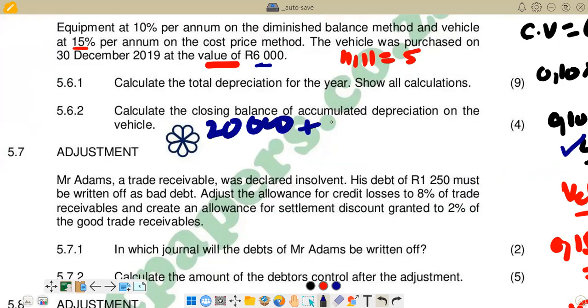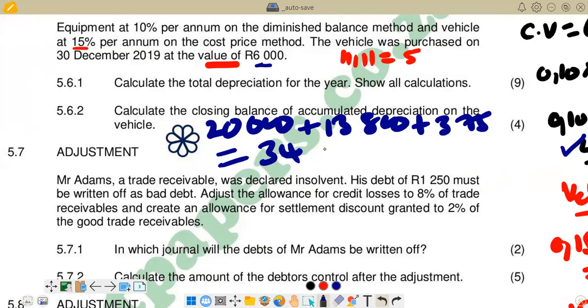Then we add for the vehicles that stayed the whole year, which is 13,800. Then we add for that one that was introduced end of December, which is 375. Then we get the accumulated depreciation now, which is 34,175. So that's what we have in terms of accumulated depreciation for vehicles. So this one becomes our accumulated depreciation for vehicles.